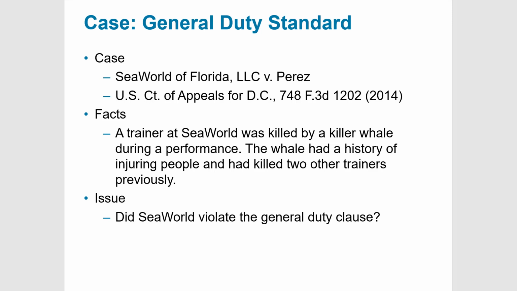SeaWorld obviously didn't want that to happen because that was part of their big show, is that the trainers are in the water swimming with the orcas and doing all these tricks and everything. But the court found that this is what was necessary to provide for the safety of the trainers.